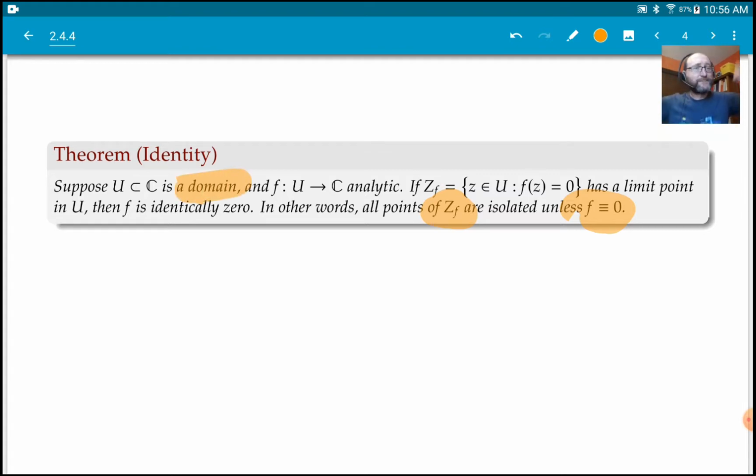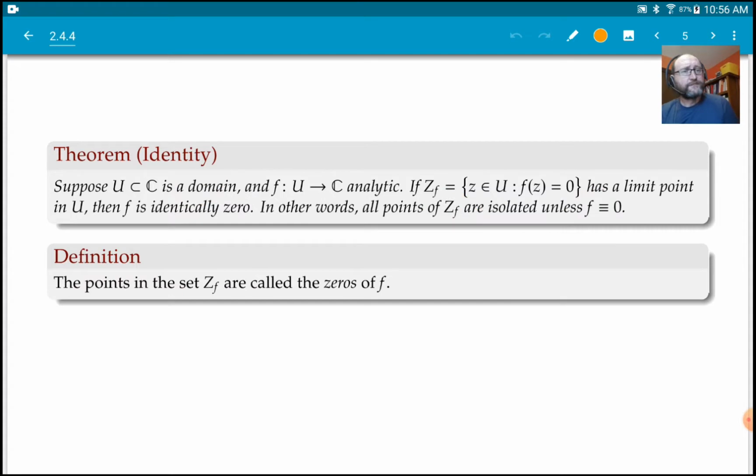If you have a disconnected set, it could be identically 0 on one component and not on another one. All right, so I guess I already gave this definition. We call these zeros, and we're going to look at the zeros of holomorphic functions often. And we study these a lot.